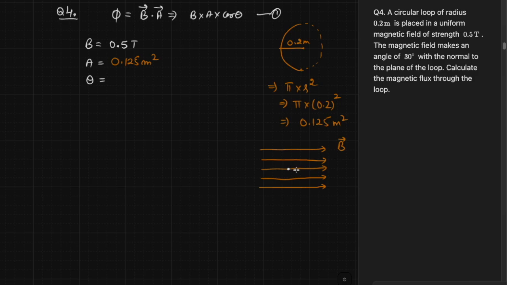So let's increase it to 30°. So it will be somewhat like this. Let's say this is 30°. So this is my area vector because normal to the plane of the loop is nothing but area vector. And now if someone says, where is my loop? Can you draw it? Yes, because the area vector is always perpendicular to the surface. So our loop will be somewhat like this, okay?